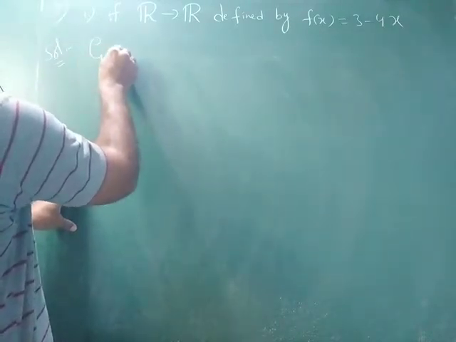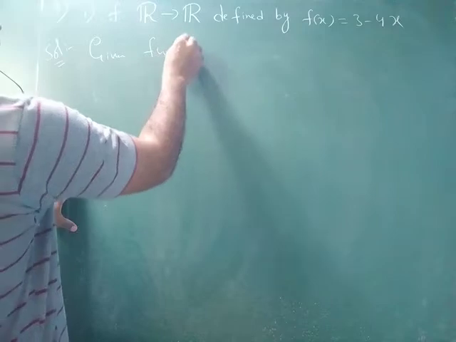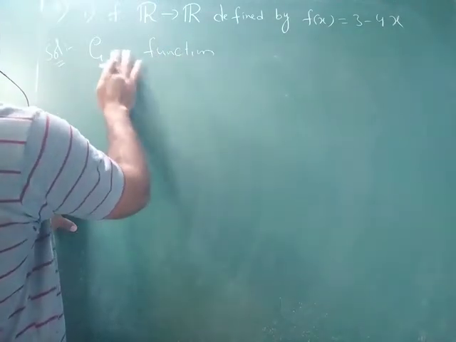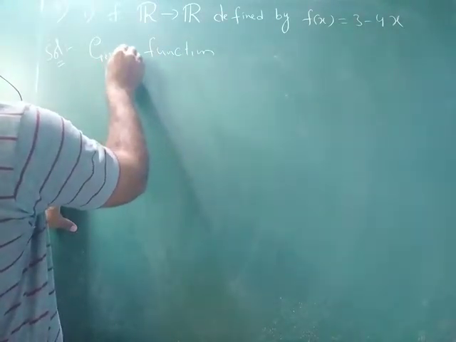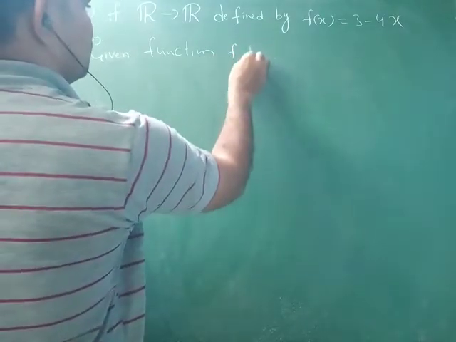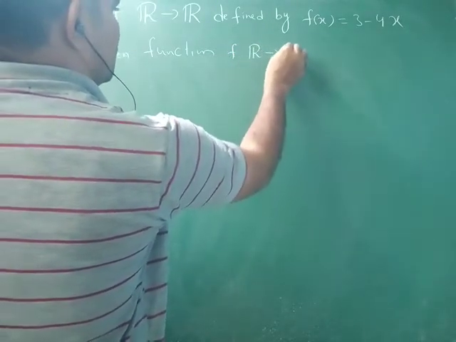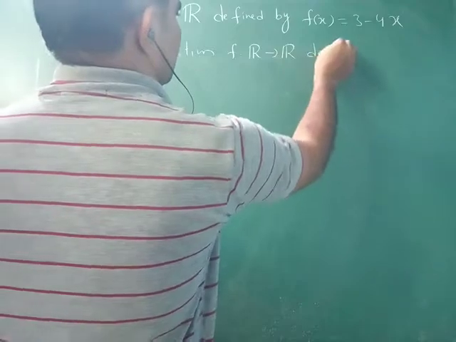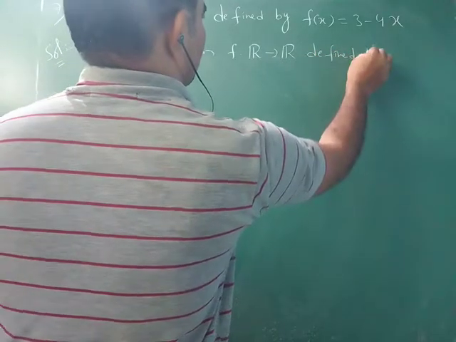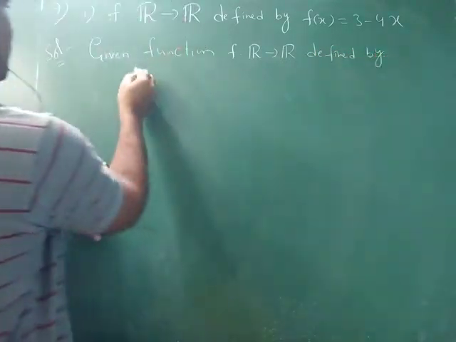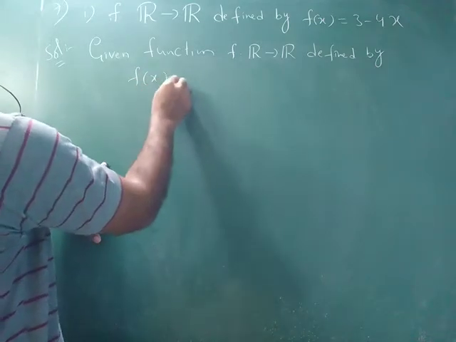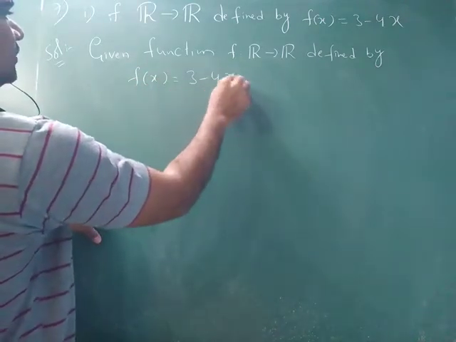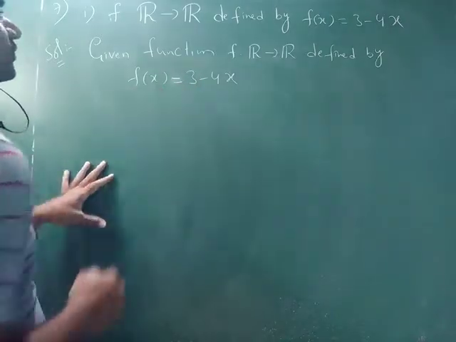Given function f from R to R defined by, how the function is defined, f of x is equal to 3 minus 4x.